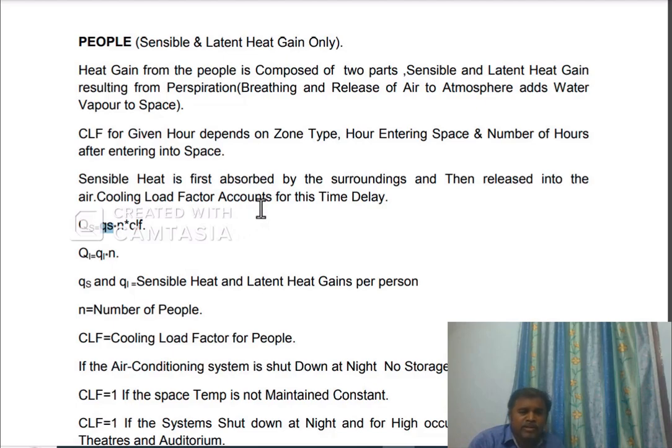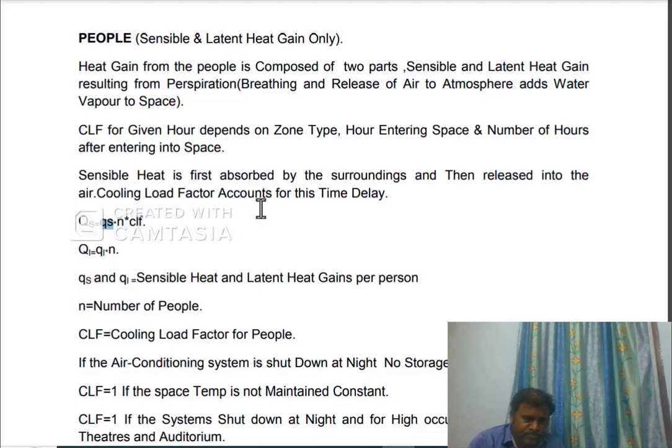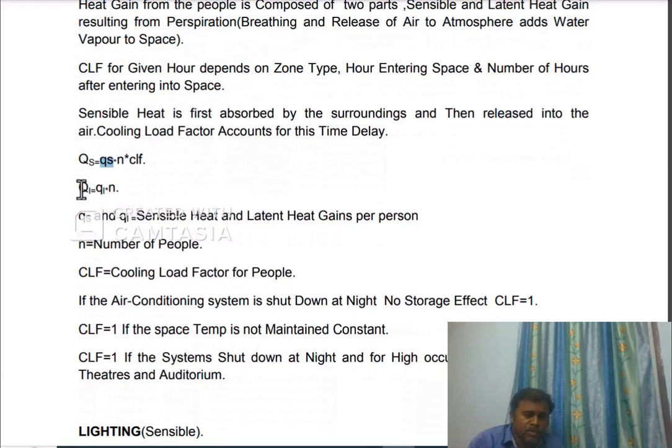Likewise, QL is equal to small ql into N, where N is the number of people and QL is the latent heat of the people. So you will get both sensible as well as latent. CLF as of now you can take as 1, because cooling load factors are just adjustments only.